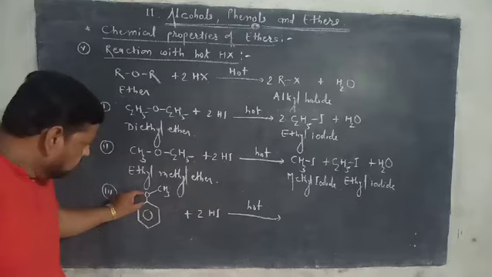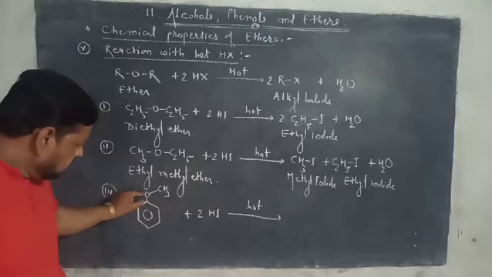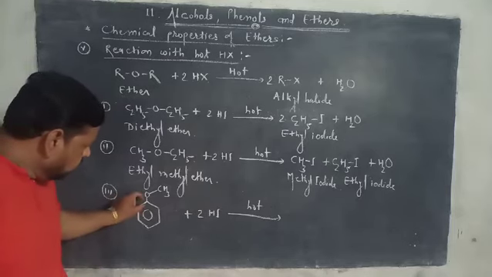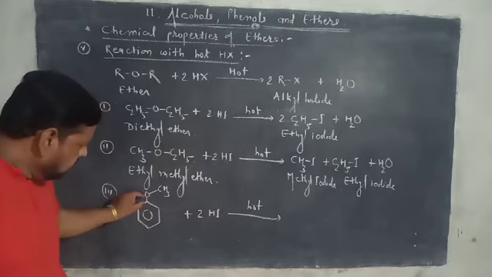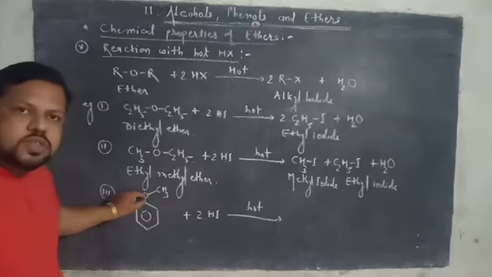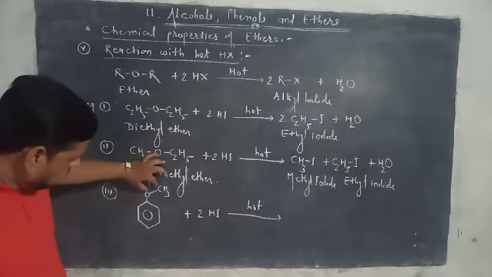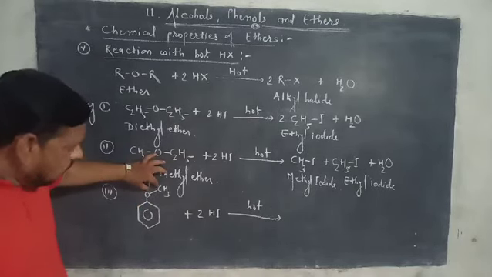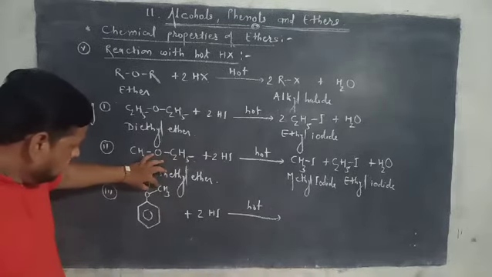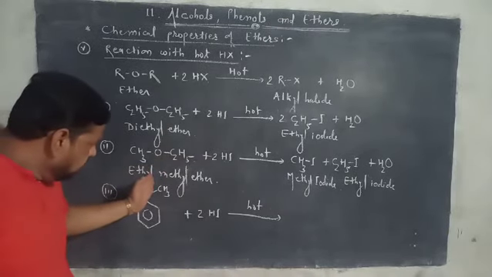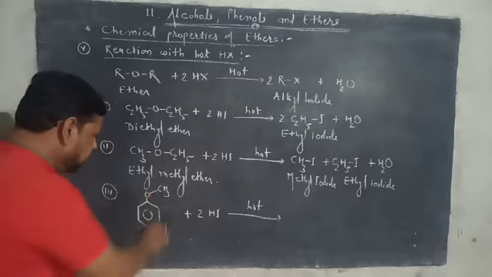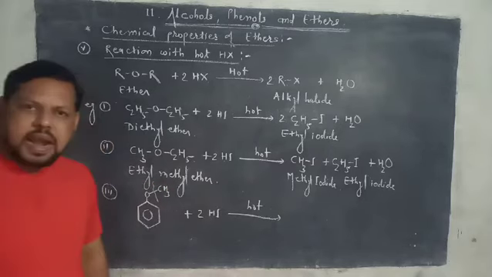The bond between the aryl group and oxygen is stronger and shorter, and the other bond is longer, hence the longer bond breaks easily.